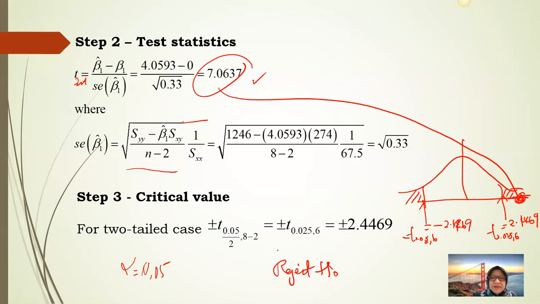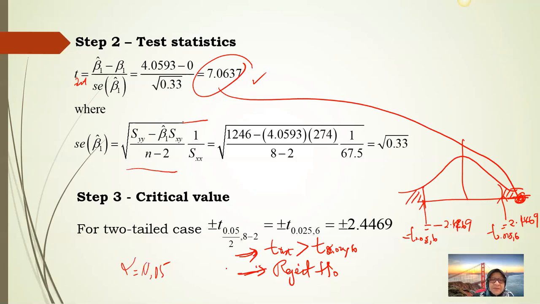You can write that the t-test value is greater than t 0.025, 6, then reject H naught. You must state this, and also your decision here.